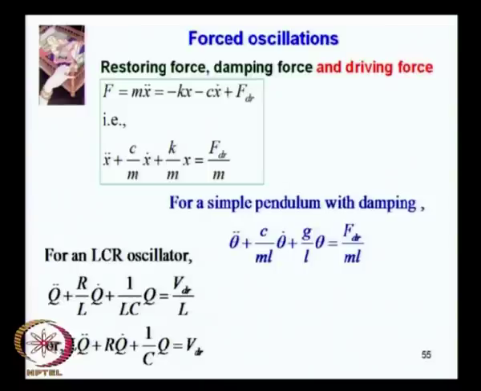A pure LC circuit will have no damping, damping is caused by the resistance. So, these are the electromechanical analogues, and you can have an exactly identical set of equations whether you are dealing with a mass spring oscillator or a simple pendulum in a gravitational field, or an electrical circuit with an inductance, capacitance and a resistance, and then you have a source for the electrical voltage which is an alternating electrical voltage. So, you can have a complete electrical analog of a mass spring oscillator.